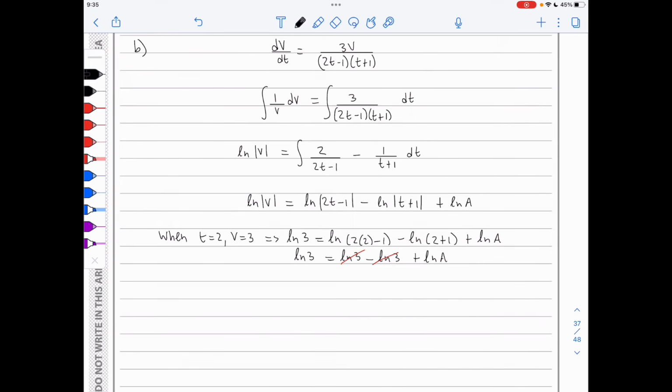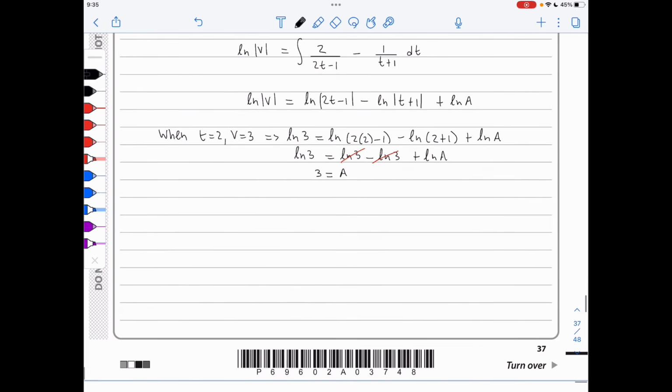We can see that 3 is equal to a, and therefore we can say that ln of the modulus of v is ln of 2t minus 1 minus ln of t plus 1 plus ln of 3. I will collect all the ln's on the right hand side into a single ln.